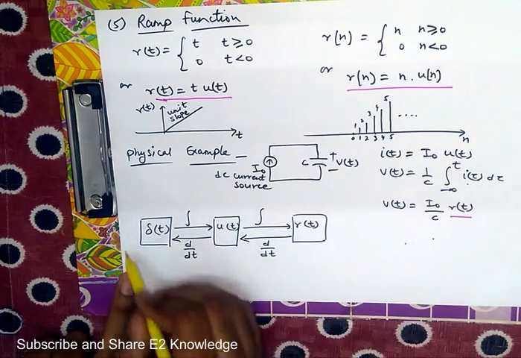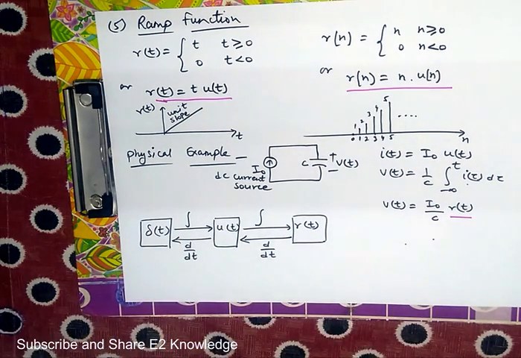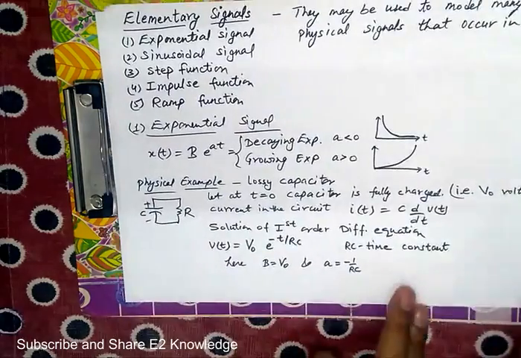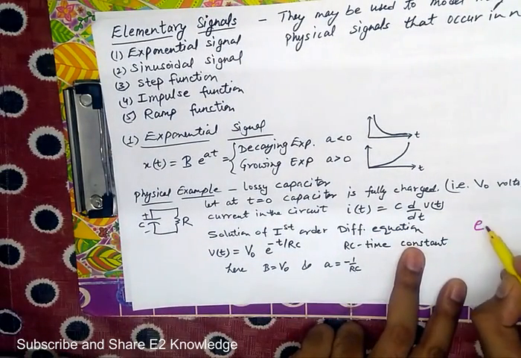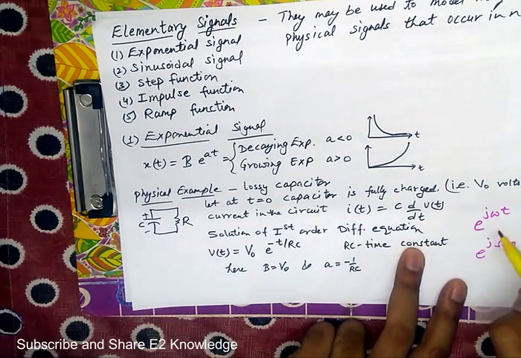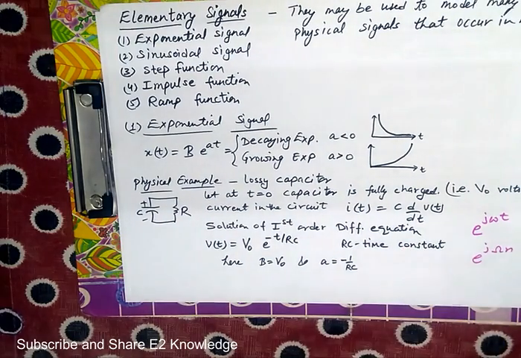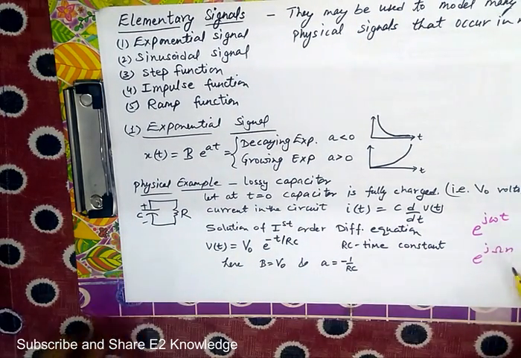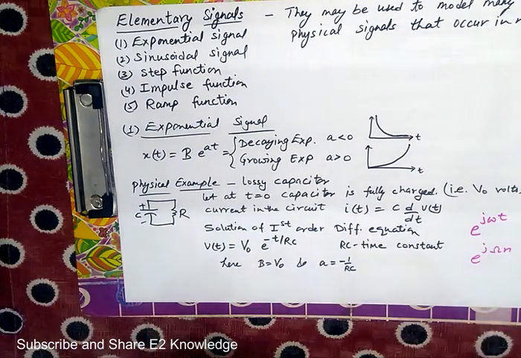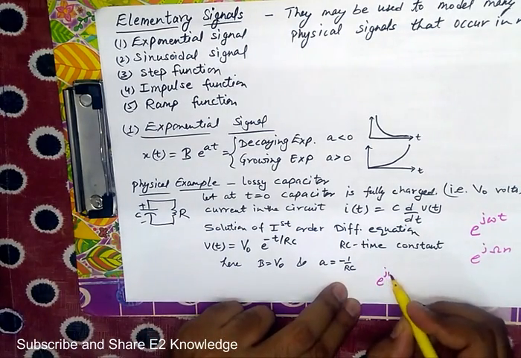It is the final conclusion of these three functions, and the other two functions were the sinusoidal function and the exponential function, and these are also very important because the exponential function is the basic building block. You remember e raised to power j omega t in continuous time, or e raised to power j omega n in discrete time. It is the basic building block of the Fourier transform as well as the Fourier series. So these five signals are very important.